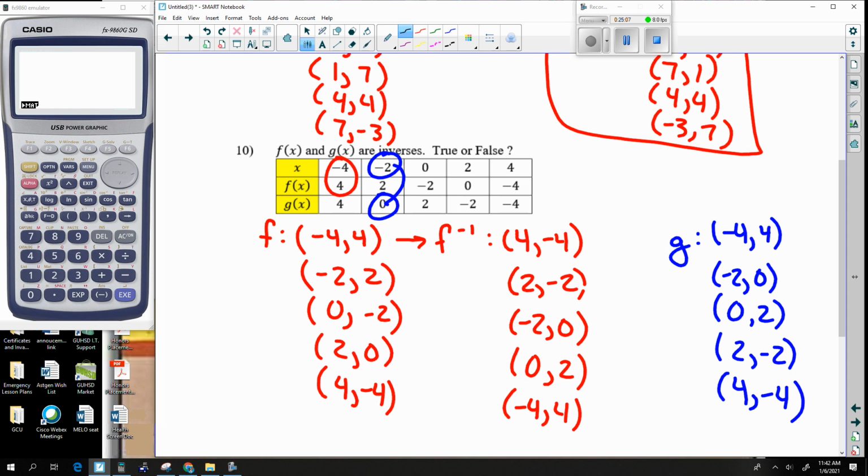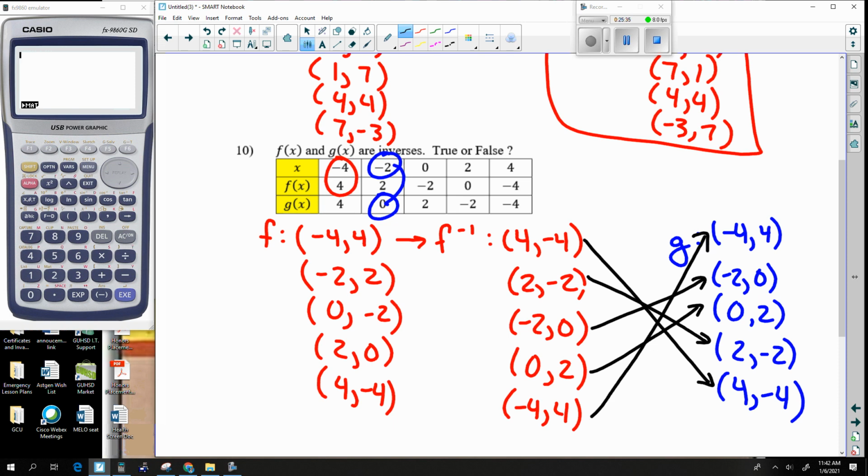Now, they might not come in the same order, but if the inverse of f is on G and the inverse of G is on f, then it's cool. Notice that those match up: 2, -2, right there. -2, 0, you betcha. 0, 2, and -4, 4, you got it.